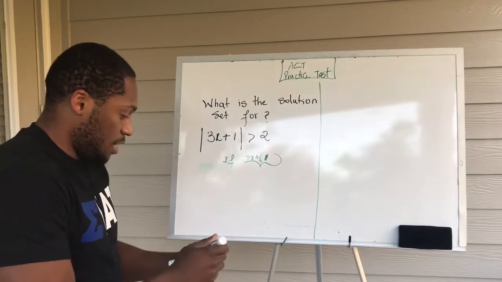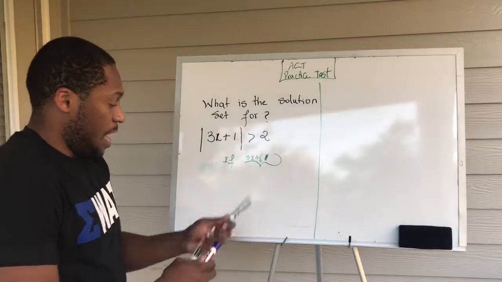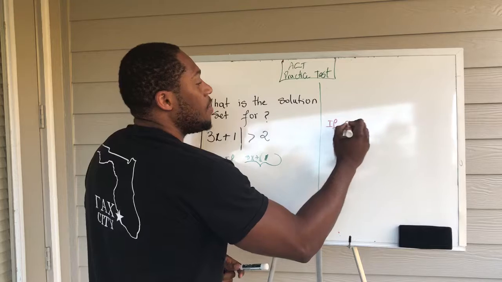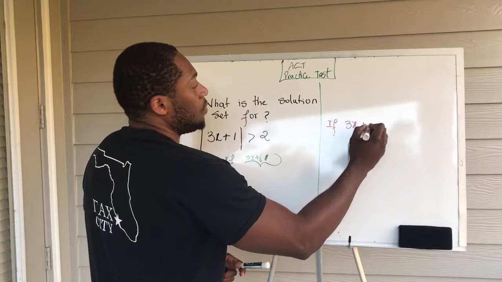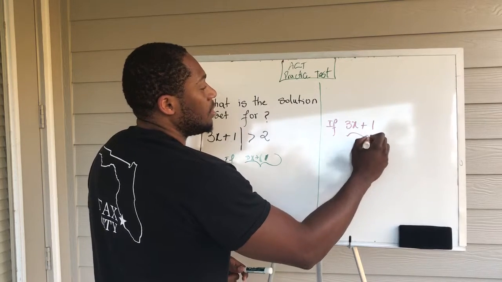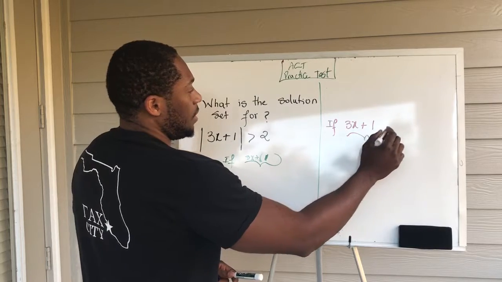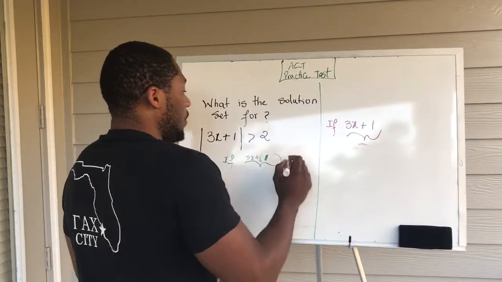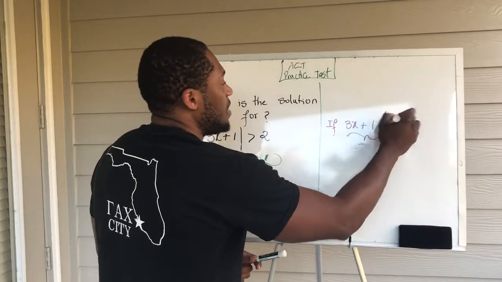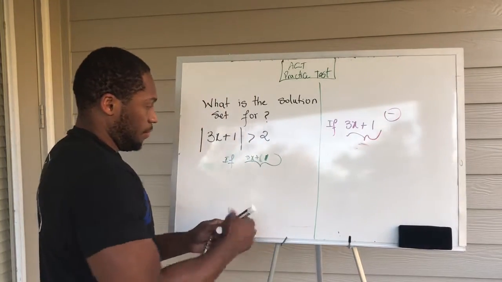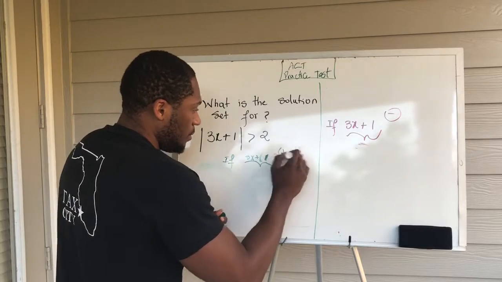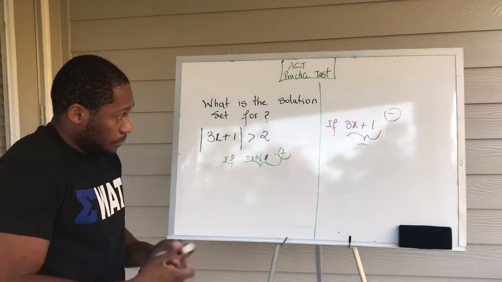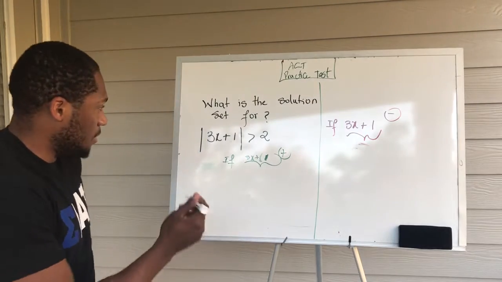And in this case, we're going to have if 3x plus 1 is negative. If it's negative. So here we're going to have if it's positive, and here, if it's negative. All right, so how do we solve this?